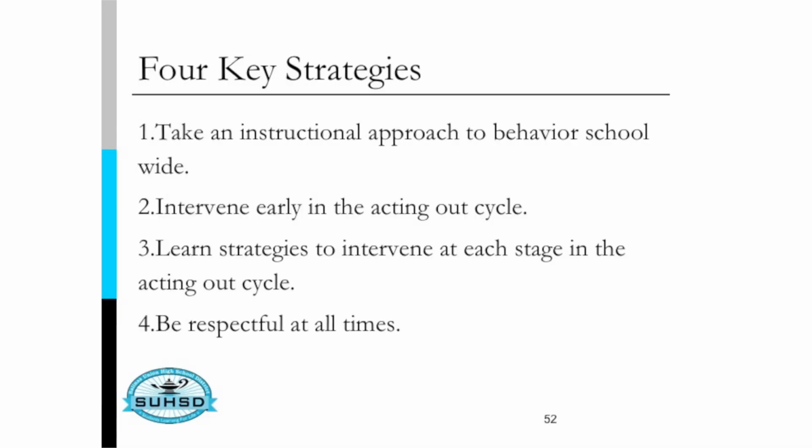So 4 of the key things to these tier 3 interventions are that it's an instructional approach. So we want to teach kids, they're deficient in some type of area for a reason, and we want to teach them how we want them to behave. We want to learn how to intervene early in that escalation cycle.